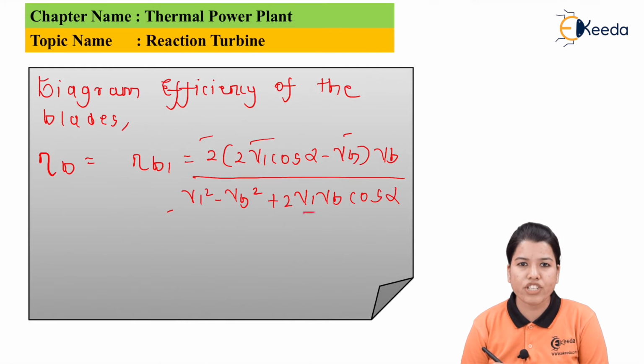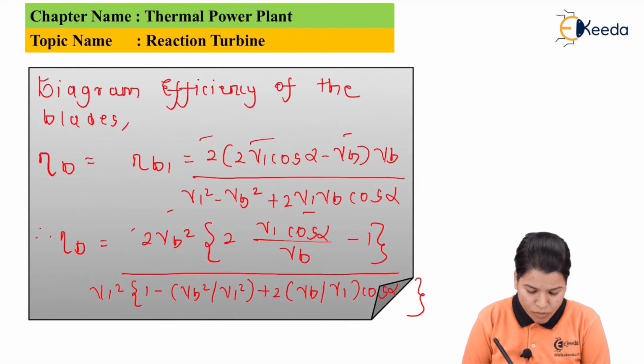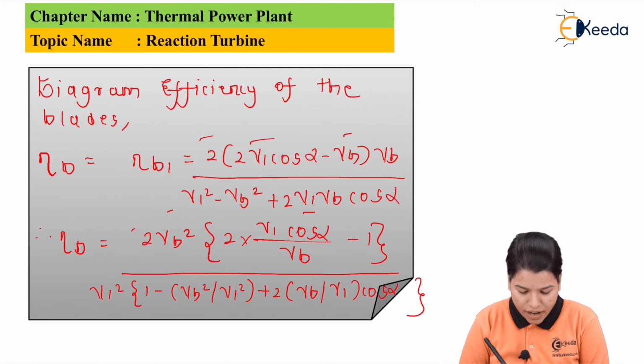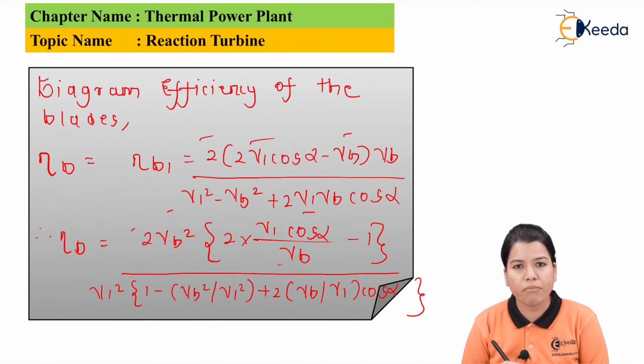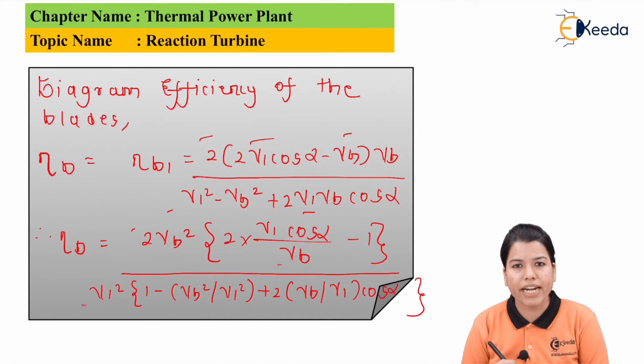Further simplifying, the diagram efficiency is equal to twice VB square multiplied by (2 V1 cos alpha divided by VB minus 1), whole divided by V1 square multiplied by (1 minus VB square divided by V1 square plus twice VB divided by V1 cos alpha).